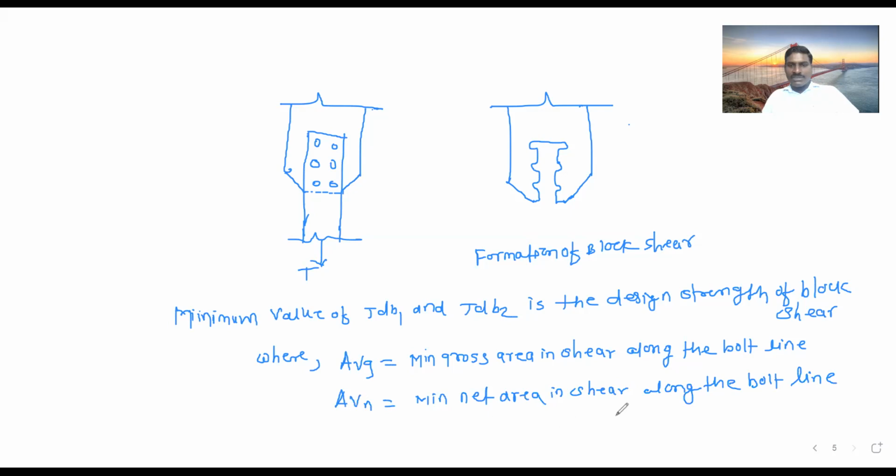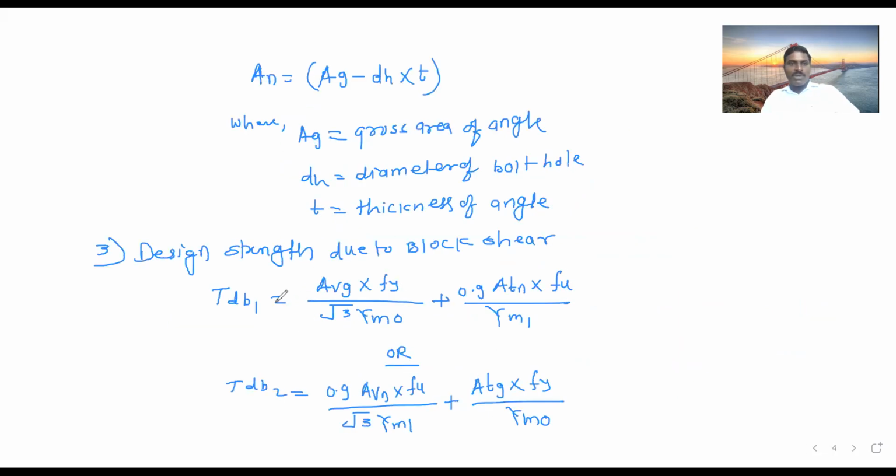So where are AVG and AVN? In the TDB1 formula AVG is there, and in the TDB2 formula ATG is there, or here AVN is there. AVG and AVN, the two formulas we have seen for the calculation of area.